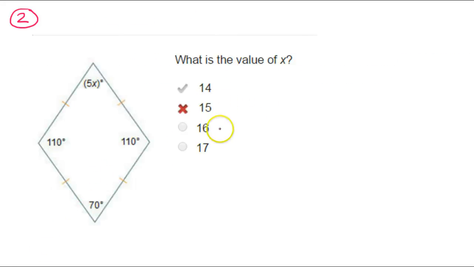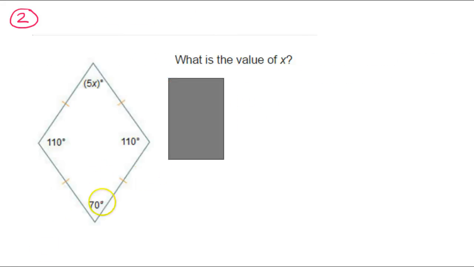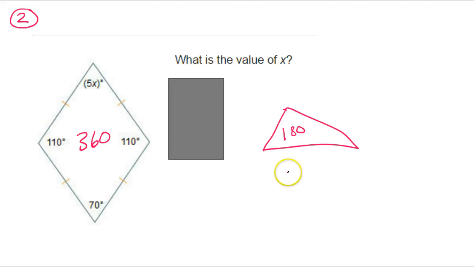Okay, what is the value of x? Well, we know that the sum of the angles inside of a quadrilateral should be 360 degrees. Now that's one you should memorize, just like the sum of the angles in a triangle is 180.